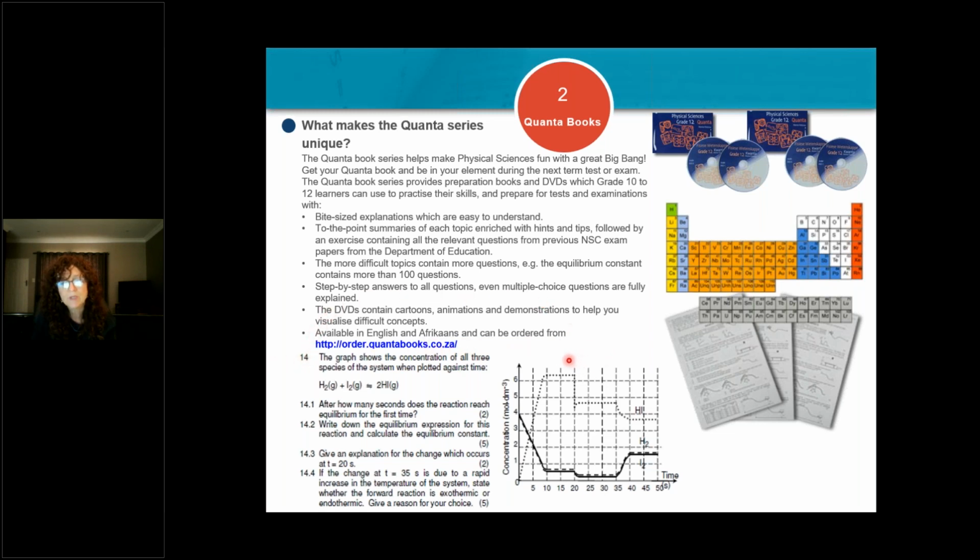The memorandums of the multiple choice questions are very good, as there is an explanation in the memorandum of why it is B and not C, etc. Also important are the DVDs at the back of the Quanta book with explanations by Mimi Pretorius, who explains the most important keys of physics and chemistry. Make sure that you look at the DVDs if there is something you don't understand or need some explanation on.